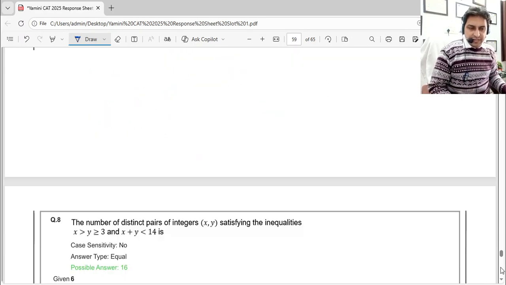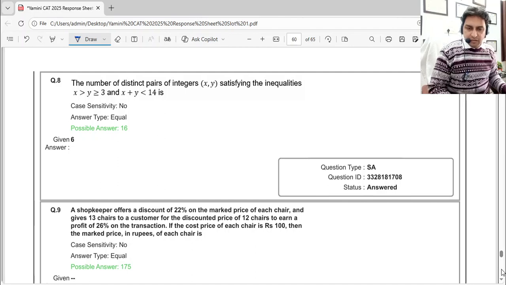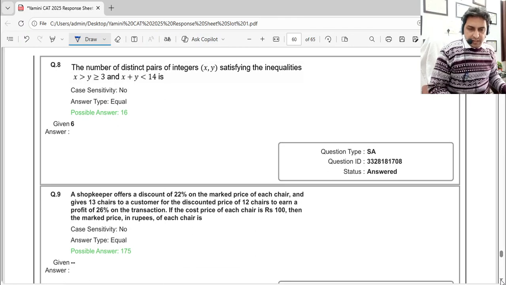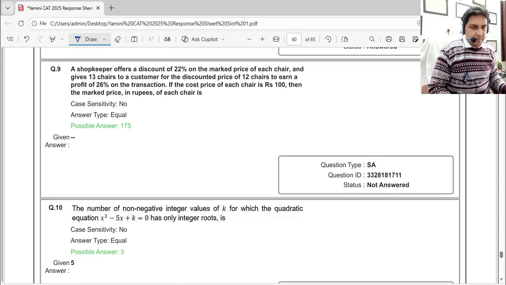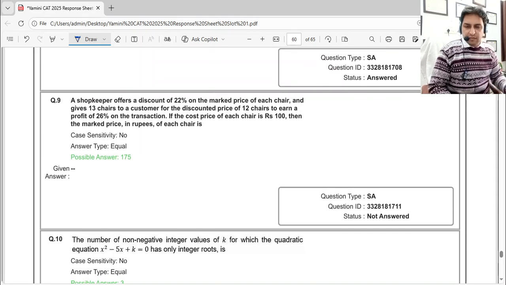The next question, let's see it. Eighth is not. Ninth, that is again arithmetic. A shopkeeper offers a discount of 22% on the market price of each chair and gives 13 chairs to a customer for the discounted price of 12 chairs, to earn a profit of 26%.